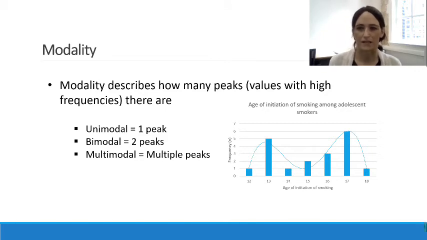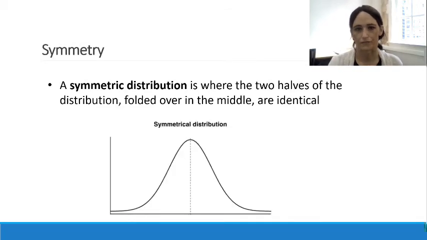It may not make sense to think of them as having a singular distribution. We could also use the term multimodal to refer to any data that has multiple peaks. That's one way of talking about the shape of a distribution, in terms of modality.